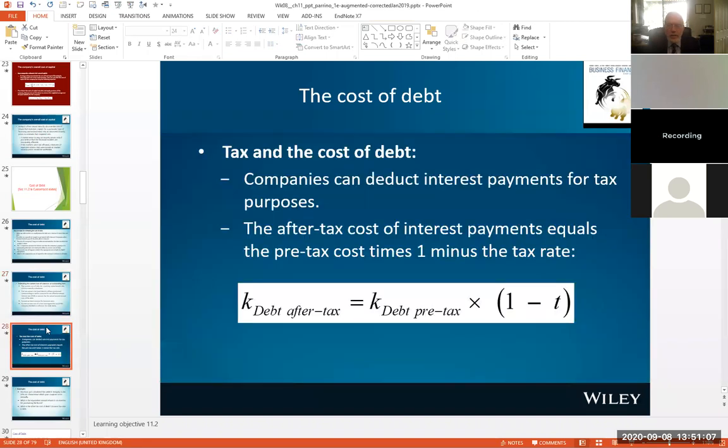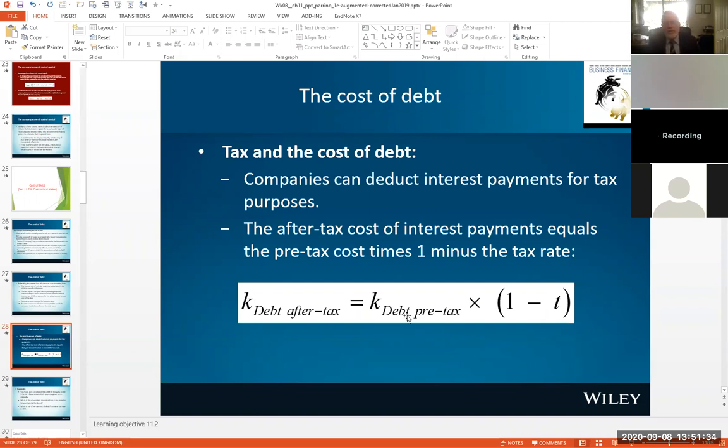And then we'll adjust it for tax. This equation is worth being familiar with. It's not at all difficult, because we're simply looking at the cost of interest pre-tax and the cost of debt after tax, because interest on debt is a tax deduction.